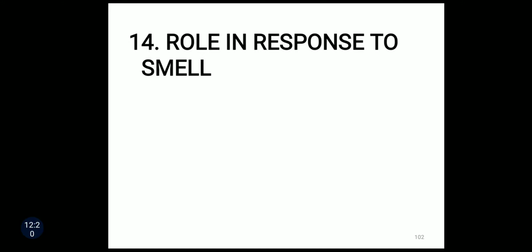But if a corporation vehicle carrying waste is coming and that smell comes, how do you feel? You don't feel happy. So this is an individual response to that particular smell. The response may be in the form of fear, excitement, or pleasure. This is also controlled by the hypothalamus. So this is the role of the hypothalamus in response to smell.